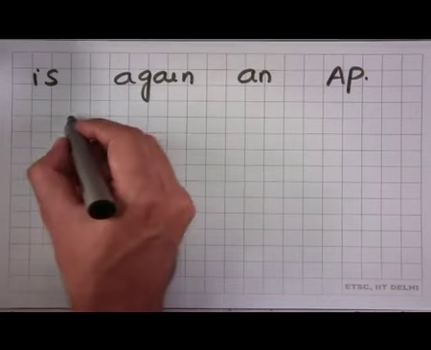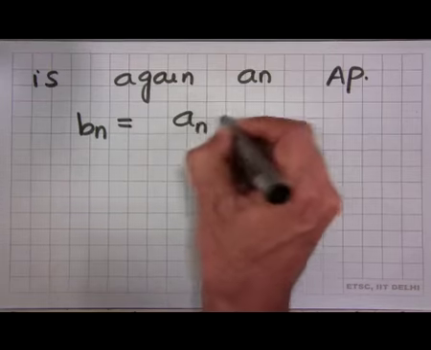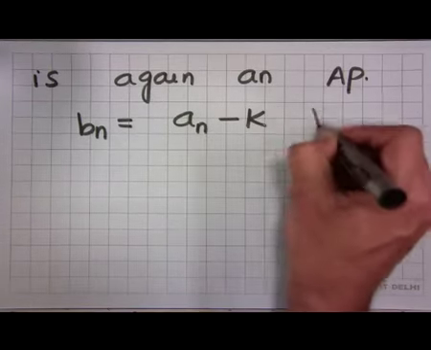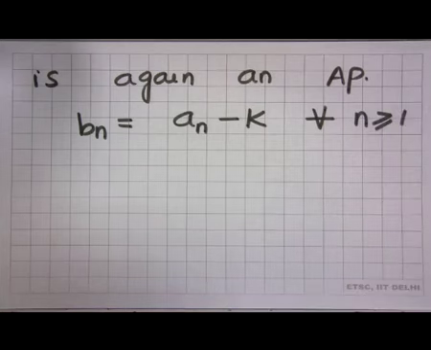So, let us write b_n is equal to a_n minus k for every n starting from 1. The claim is that the sequence b_n is an arithmetic progression.